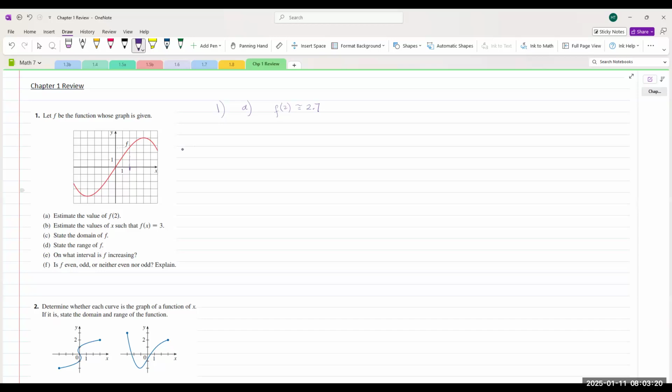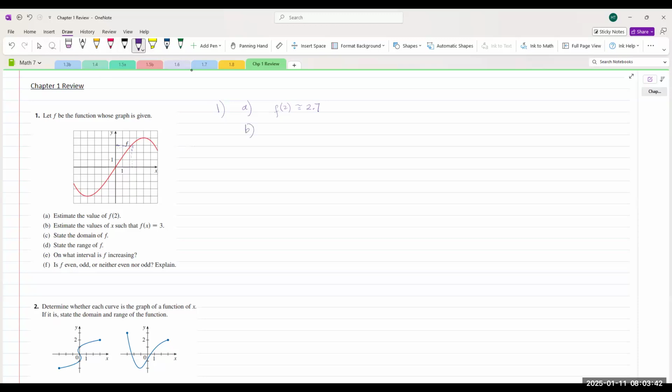Now part B, estimate the values of x such that f(x) equals 3. Which means if y equals 3, what is the x? It's approximately 2.3. Is it right?